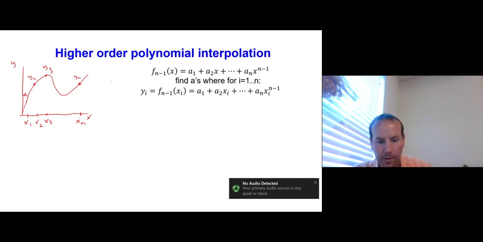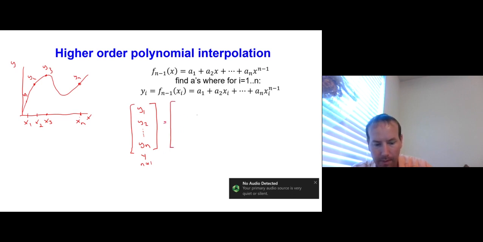Okay. Then the interpolation has the same exact pattern as we saw before, that we just set up these matrices so that y1, y2, dot, dot, dot, to yn is y, and so this is of size n by 1. Our first column is all 1s. Our second column is all x's.